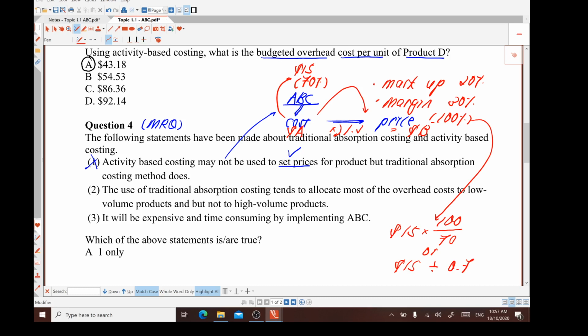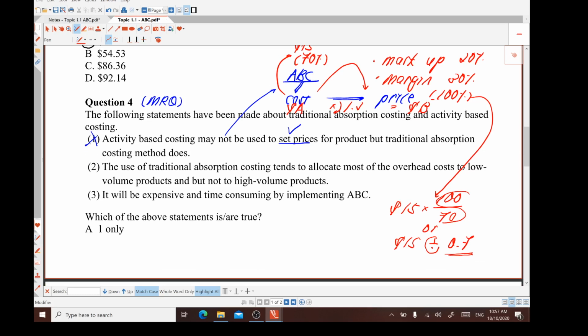All right, because if you reverse it, it becomes divide, and that 70% comes back to 100%. And of course, with the use of profit margin to set the price, normally we get to derive a higher price in this case. All right, so straightforward. Okay, so is it possible to set the price using it? The answer is yes. Okay, great.